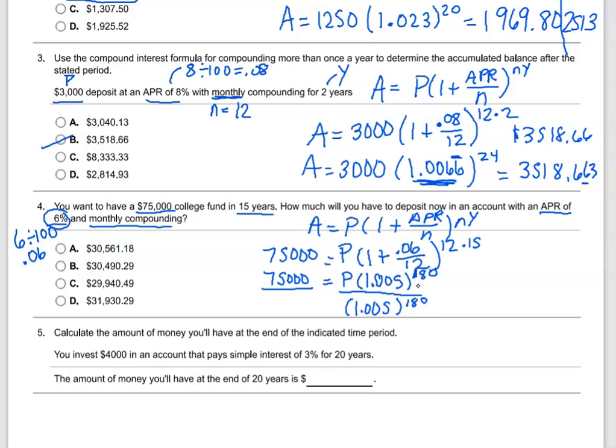Like 1.005 to the 180 is 2.454093562. So if you had to write that instead of this, do you see how that would cause a problem? So that's why I want to do 1.005 to the 180. And what's going to happen, let that soak in for a minute.